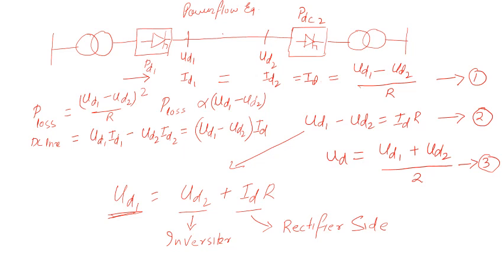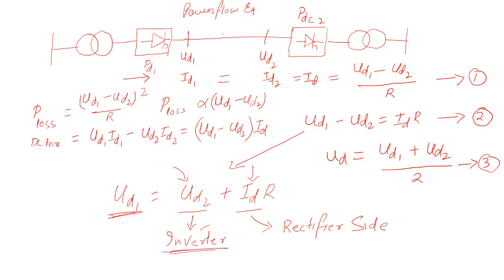So this is the basic control mechanism we have reached: if we want to control the DC voltage of the rectifier side, we have two parameters, number one this, number two this. If we want to change the current, we will change this. And if we want to change UD2, we will change the inverter side, right?